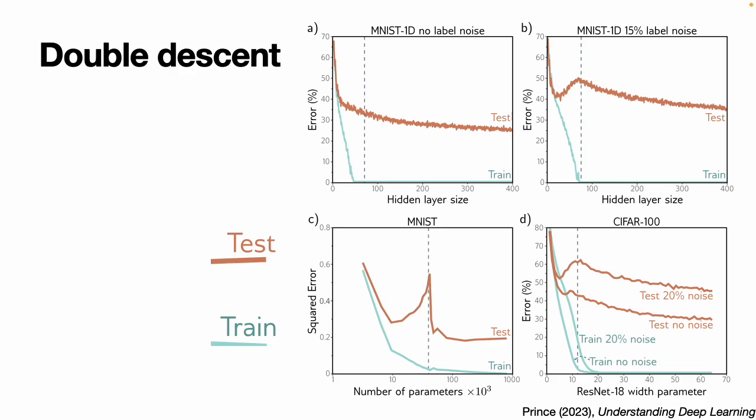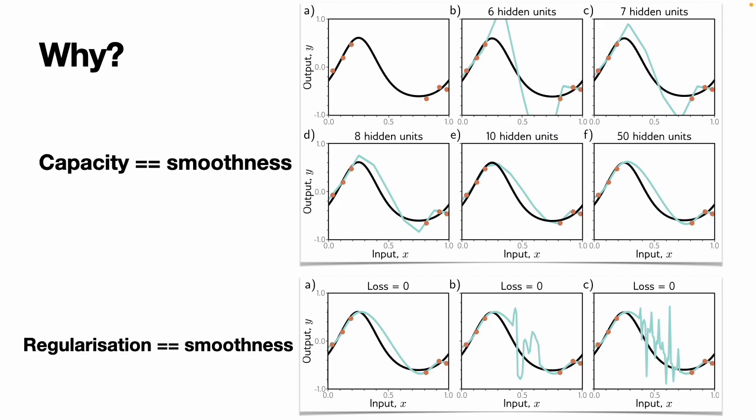So for MNIST here, it might be pretty clear with my toy example. It's pretty clear with the toy example that smoothness is generally a good idea in this unseen region here. But that was because of how I set it up, right?